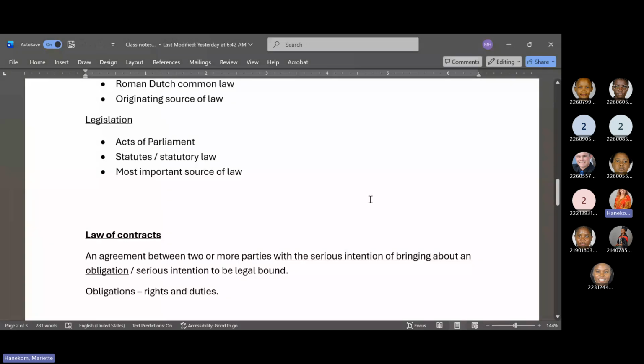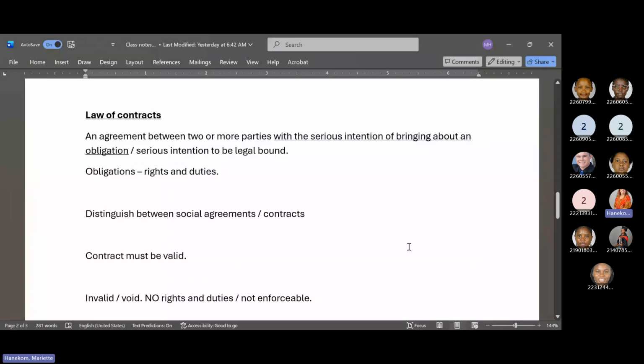So we've started looking at the law of contracts. We saw that a contract is an agreement between two or more parties entered into with a serious intention of bringing about obligations, rights, and duties.